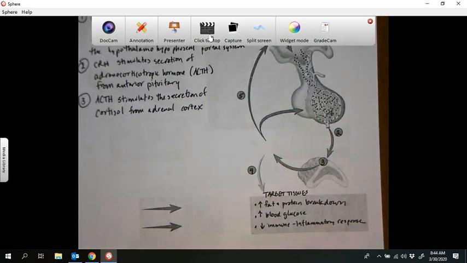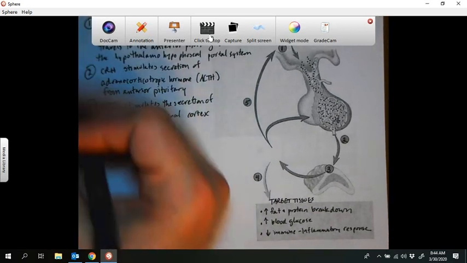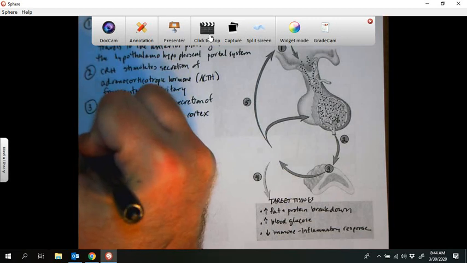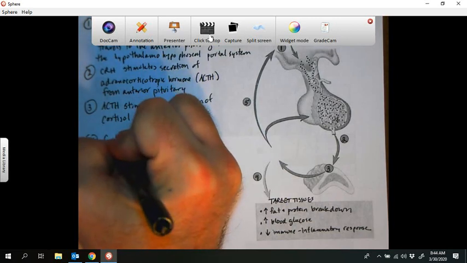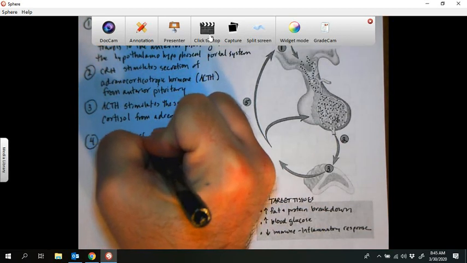We have another arrow here, number 5, which has an auto feedback mechanism. So number 4, cortisol affects target tissues.